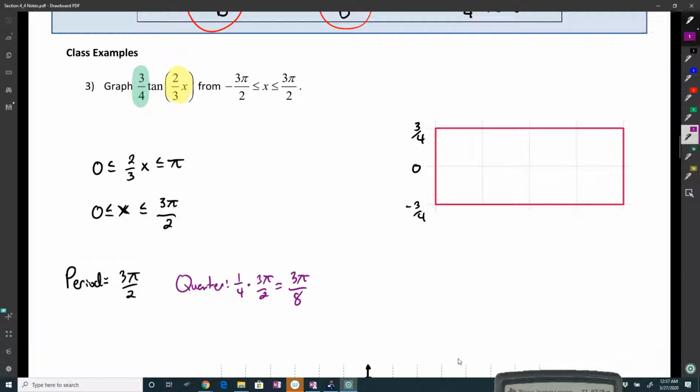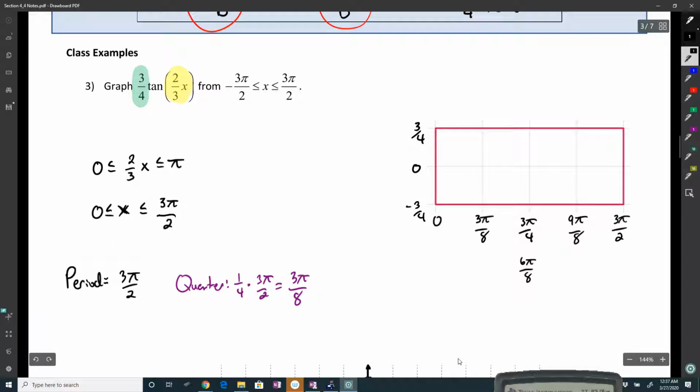All right? So that means this is going to be 0, 3 pi over 8, 6 pi over 8, but 6 pi over 8 is just 3 pi over 4, 9 pi over 8, and then 12 pi over 8, which is 3 pi over 2. Right.